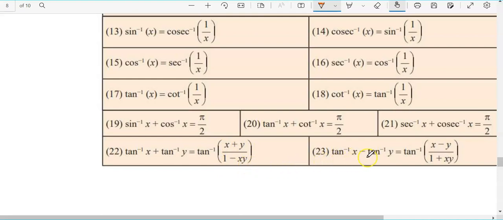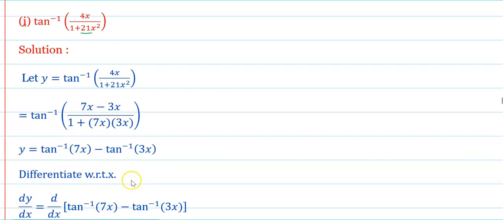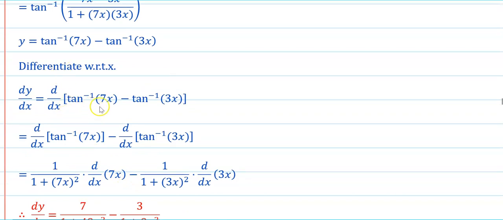Tan inverse of x minus tan inverse of y equals tan inverse of (x minus y) upon (1 plus x into y). Similarly here, tan inverse of 7x minus tan inverse of 3x. Their derivatives: d/dx of tan inverse of 7x minus tan inverse of 3x is 1 upon (1 plus (7x) squared) into d/dx of 7x minus 1 upon (1 plus (3x) squared) into d/dx of 3x.